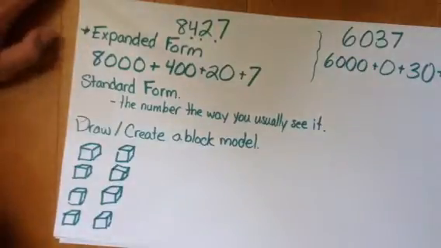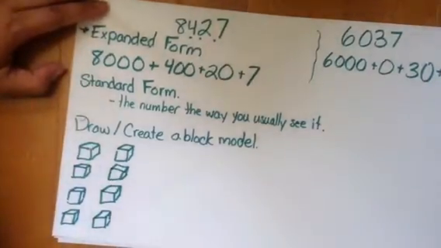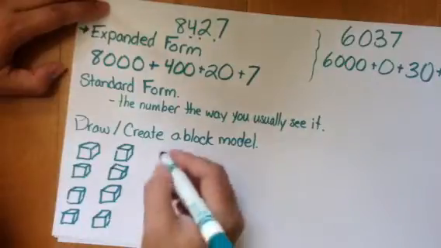Okay, so I need 8 thousands. Then I need 4 hundreds. Hundreds are easy. They're just squares.